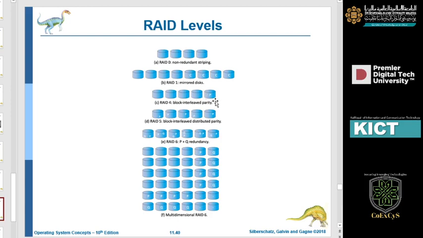And RAID 4, 5, and 6 provide different types of redundancy by using parity bits. So we can see 4 hard disks can provide redundancy by just calculating the redundancies of the bits, or block interleave, so we can keep those parities in different sectors, or two different redundancies, right? RAID 6, right? Using parity, right?